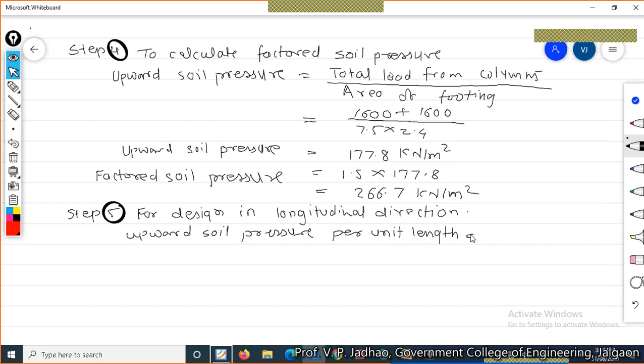Okay, now we have to design in the longitudinal direction. Therefore, we have to calculate the upward soil pressure per unit length along the longitudinal direction.